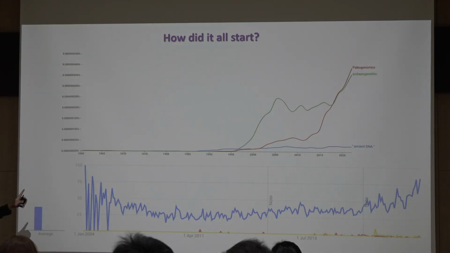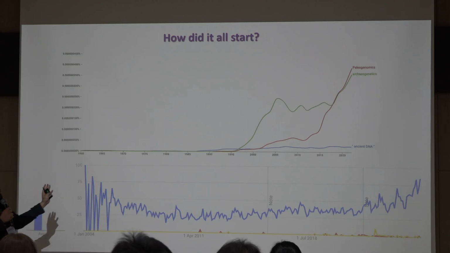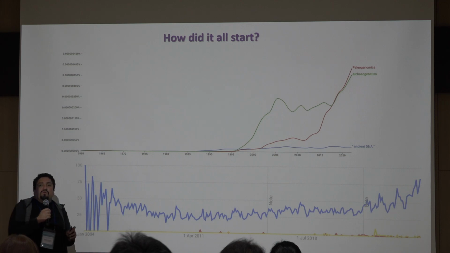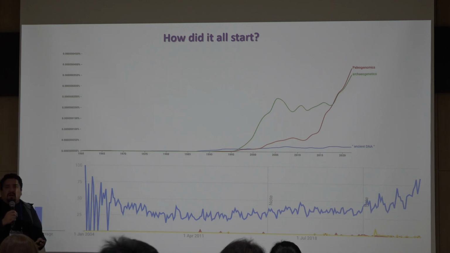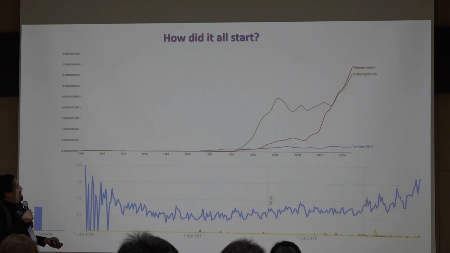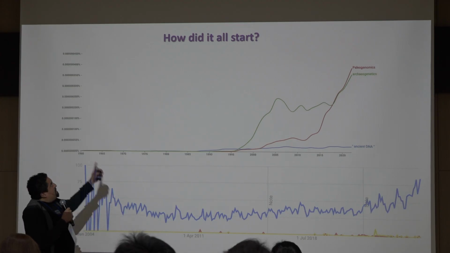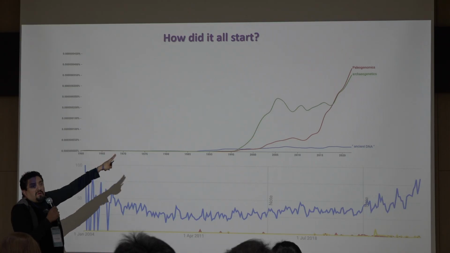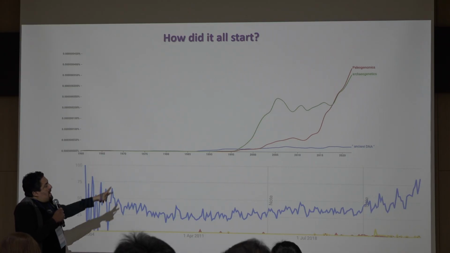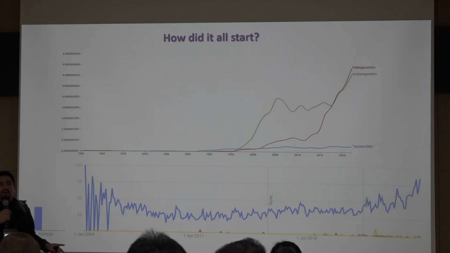And ever since, we can see that terms like ancient DNA, paleogenomics, archaeogenetics, all these terms that are related to the same thing, but are slightly different in definition, have been growing steadily since the very beginning of the field. And even before, we already knew that there was something there. We just couldn't name it. Interestingly, when we compare, this is books in the upper graphic, and below we have search terms on Google.